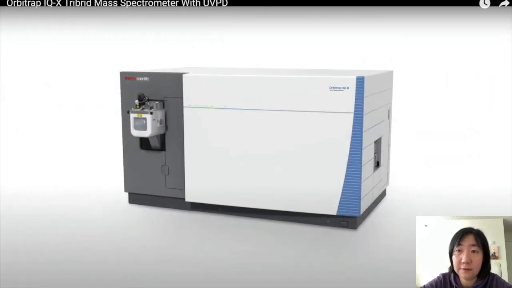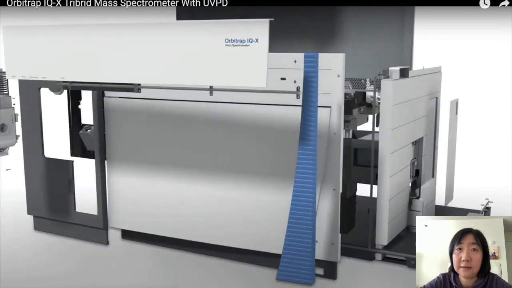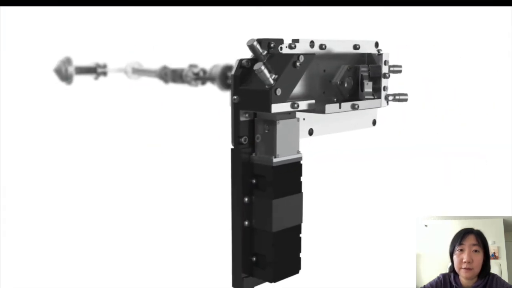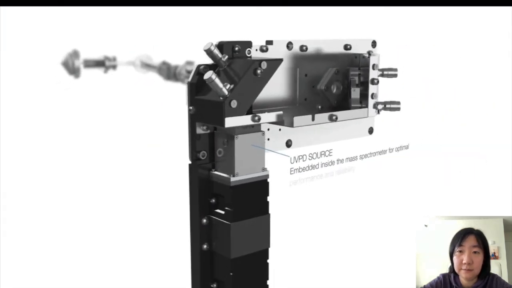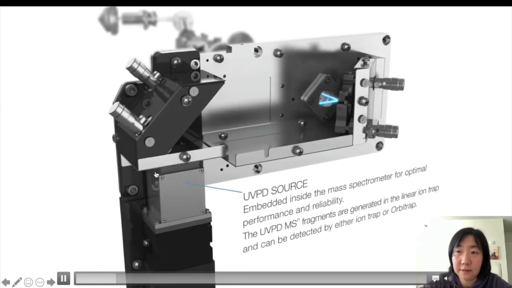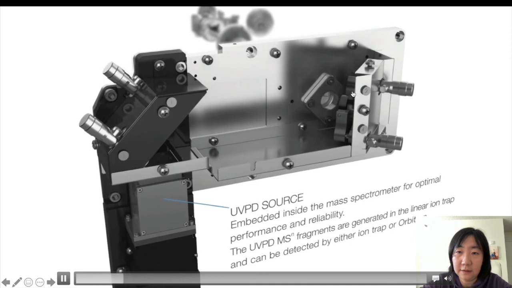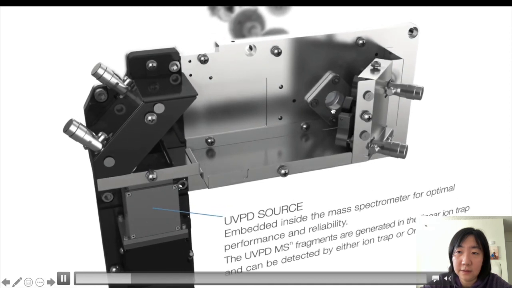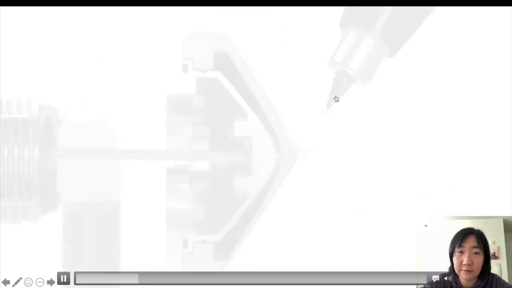Let's watch a video to study how UVPD works with an Orbitrap. This is a novel Orbitrap IQ-X Tribrid mass spectrometer with a UVPD source. Here is the UVPD source. It generates laser pulses that go into the collision cell through two specular reflections.